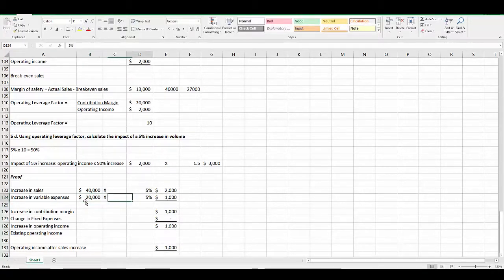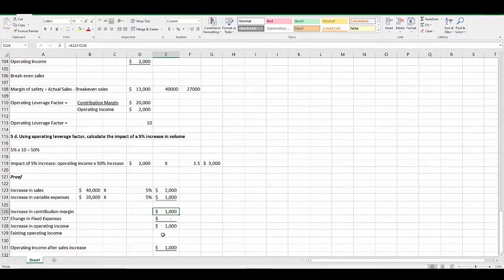So times 5% is 1,000. So your increase in your contribution margin is 1,000. There is no change in fixed expenses in this particular example.